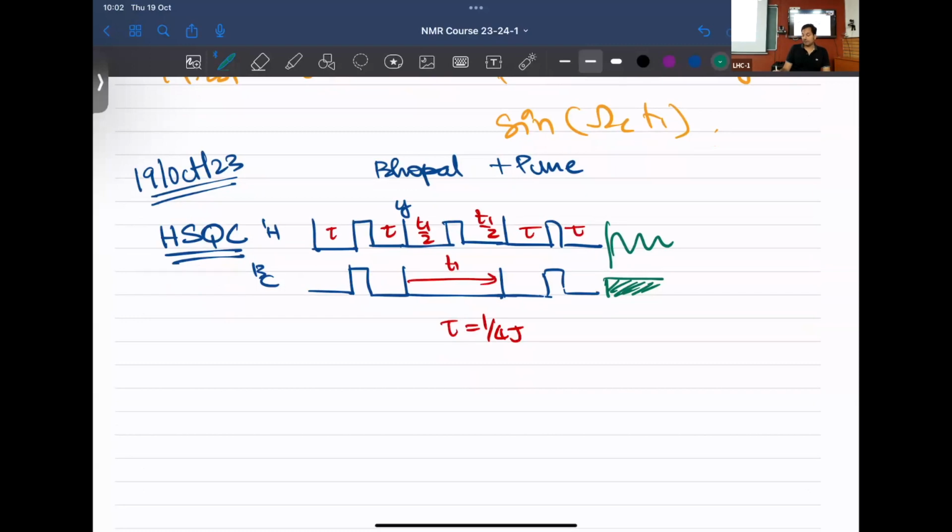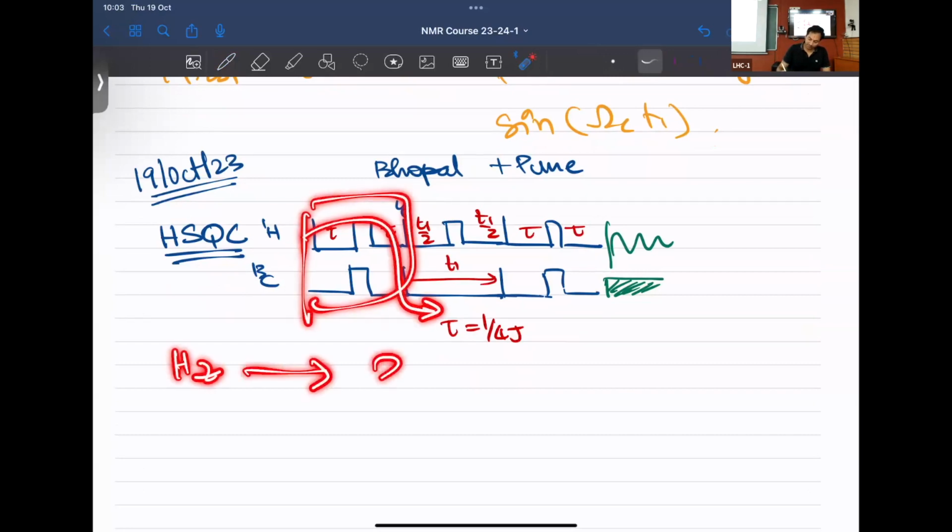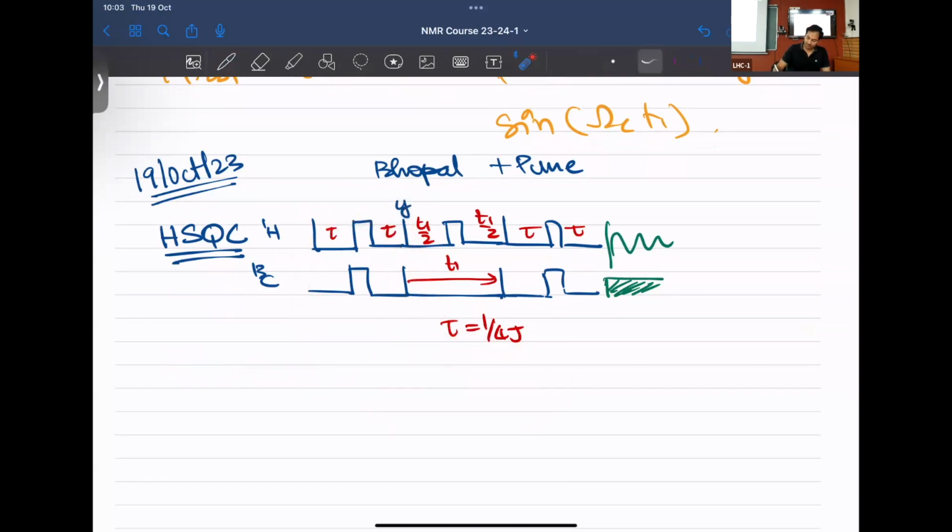And we were trying to understand how the density matrix formalism works out. The initial part, we started with Hz, and due to this, it will end up going to something like 2HzCy, and this term will only evolve with the carbon chemical shift. Carbon chemical shift gets encoded in the t1 period, and the tau-180-tau, with the 180 being only on the proton, takes care of decoupling.